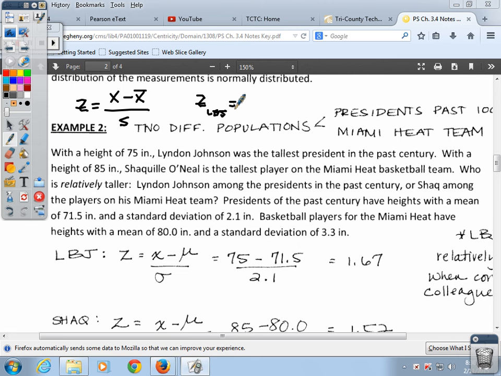So the z-score for LBJ is going to be his height, which is 75, minus the what? The president's what? Mean, which is 71.5, over the president's standard deviation.